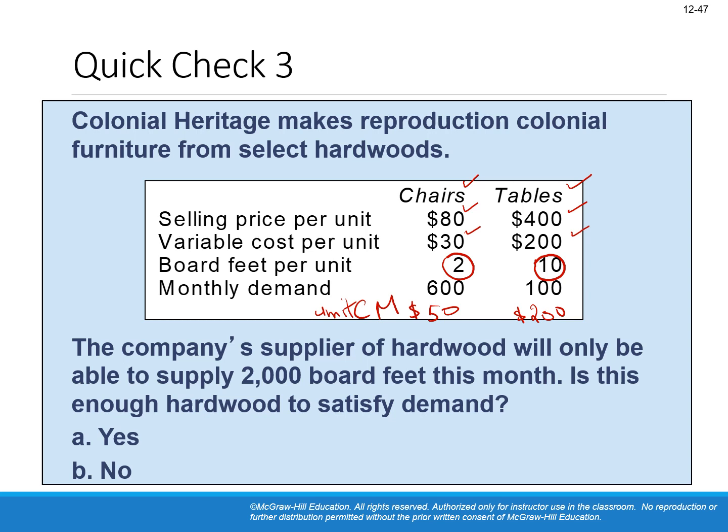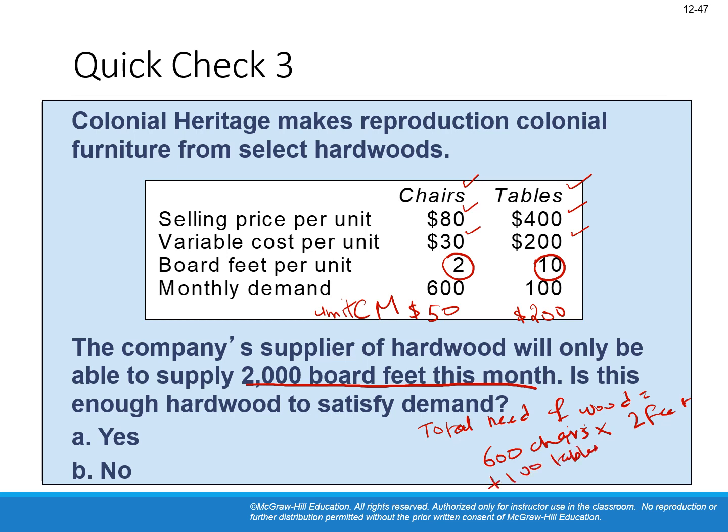Now, the company's supplier of hardwood will only be able to supply 2,000 board feet this month. Is this enough hardwood to satisfy the demand? So you need to compute the total need of wood. So we have 600 chairs multiplied by 2 feet of wood plus the 100 tables multiplied by 10 feet of wood.